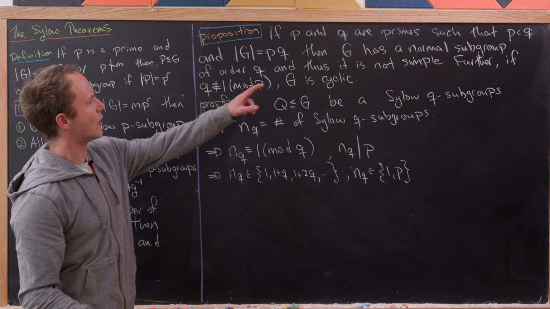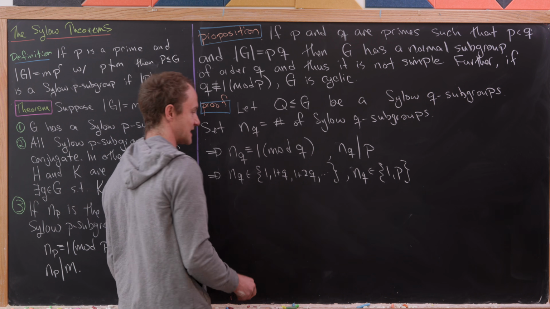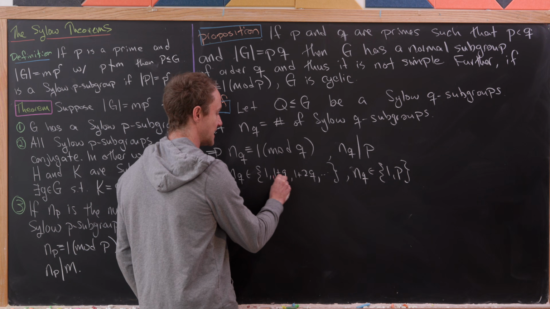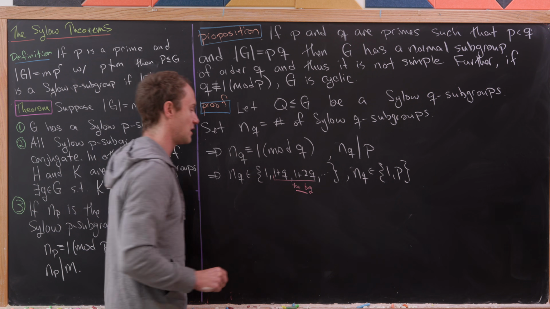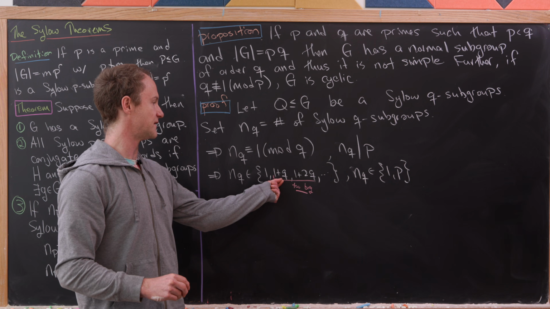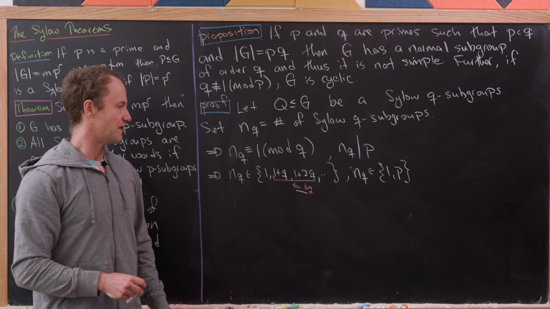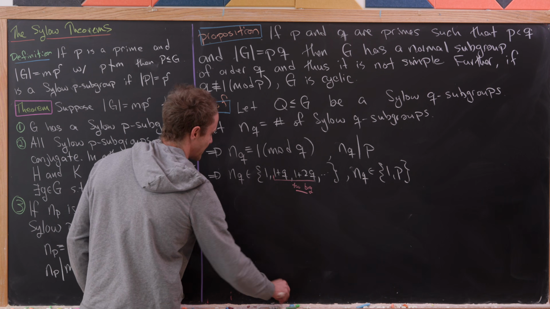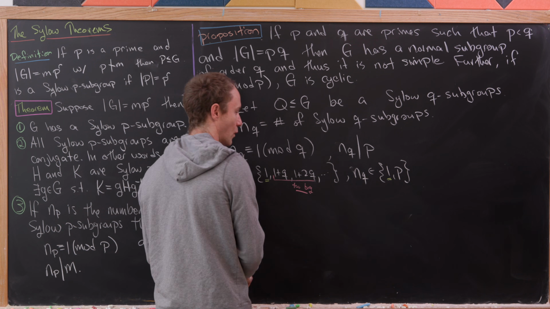But then what do we know? We know p is less than q. So since p is less than q, all of these are too big, because all of these numbers are bigger than this number p here. But that only leaves us one possibility for n_q, and that is this number 1.